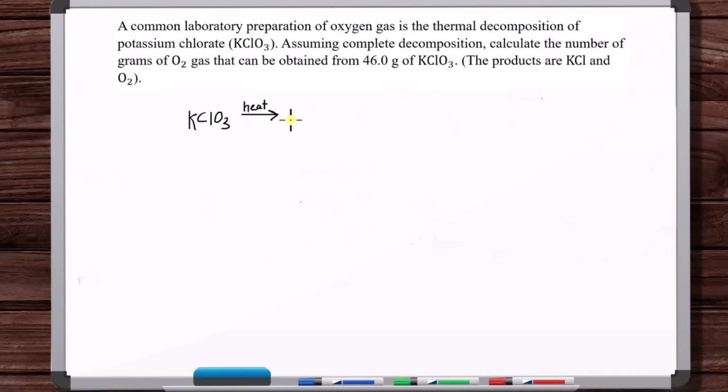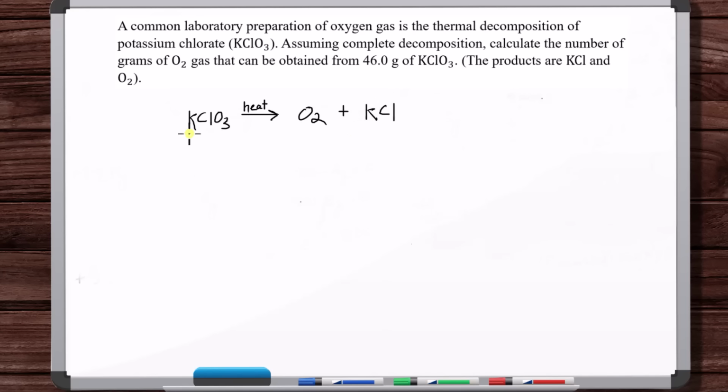We're going to be decomposing into O2. The products are KCl and O2. So how do we balance this?